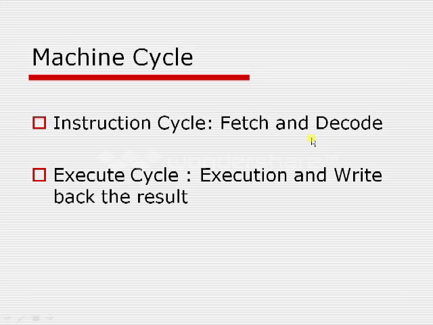Why? Because the instructions which the user writes will be in high level language. Then during the execute cycle, it performs the execution as well as writes the result to the memory again. So this is what the instruction cycle and execute cycle are.